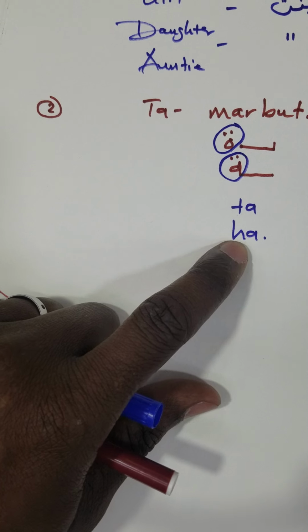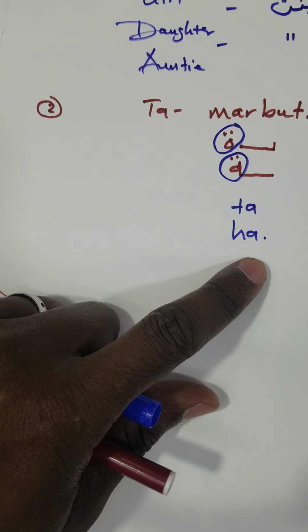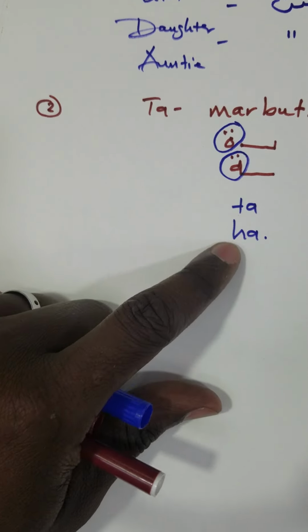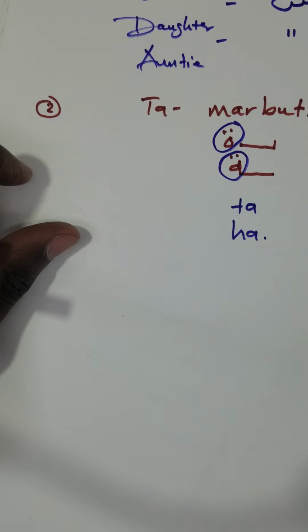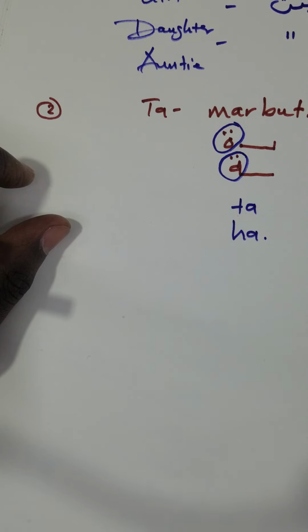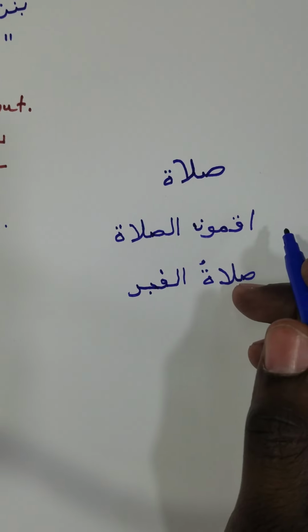But if this word with the ta marbuta appears in the middle of a sentence, it will take ta. For example, aqimu salah, and salatul fajr. Let me just put it here. Here you can see it well.